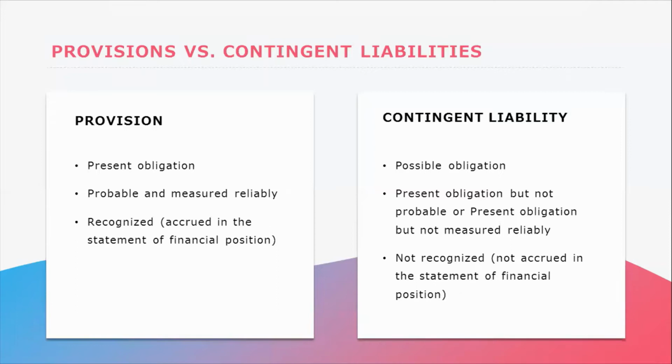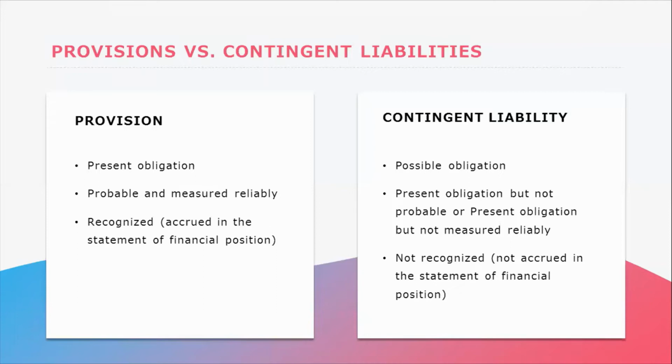Next, a provision is recognized or accrued in the statement of financial position. As we said, it is not included in the trade and other payables, particularly if material. It has a separate line item. A contingent liability is not recognized, meaning it is not recorded, no debit or credit happens, not accrued in the statement of financial position.